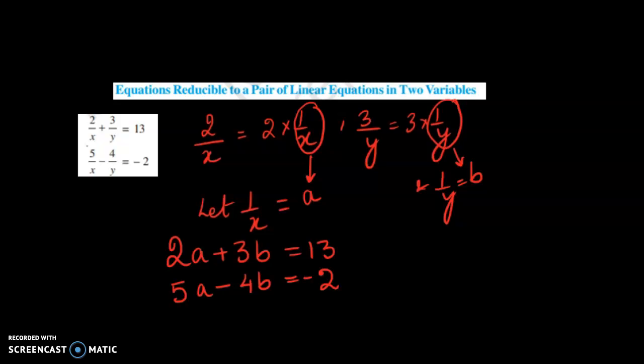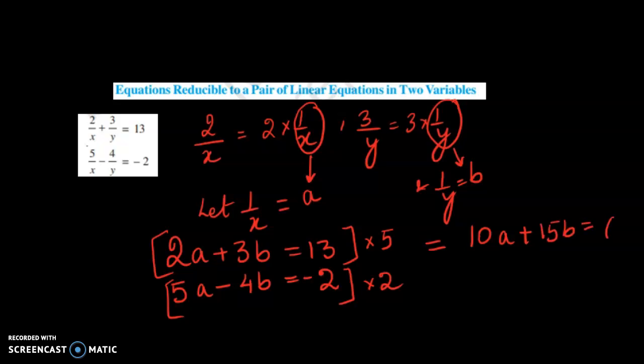Now to solve these two equations, I will be using elimination method. So to eliminate any one of the variables, I have to multiply the first equation with 5 and the second equation I will multiply with 2. So I get 10a plus 15b is equal to 65, and here I will get 10a minus 8b is equal to minus 4.